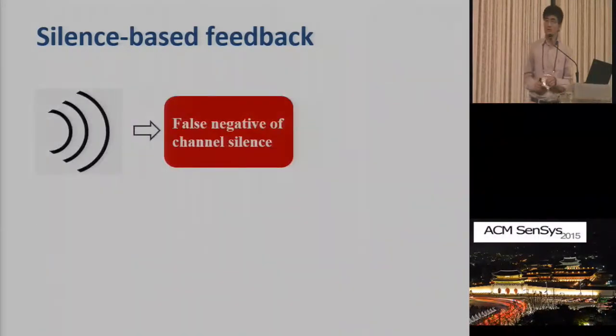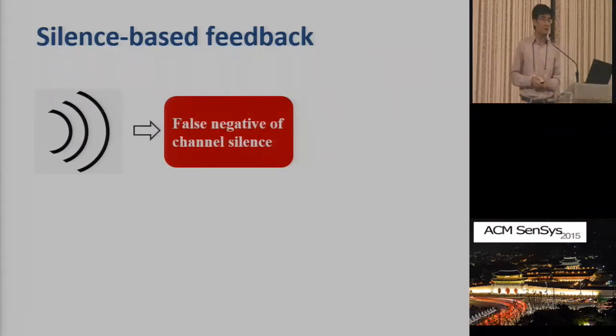Okay, to enable such a silence-based feedback scheme, we also need to handle some practical issues. First is the interference. If there are some interference signals, the upper layers may detect the channel is busy, even though the children have stopped the transmission. We call it a false negative of the channel silence.